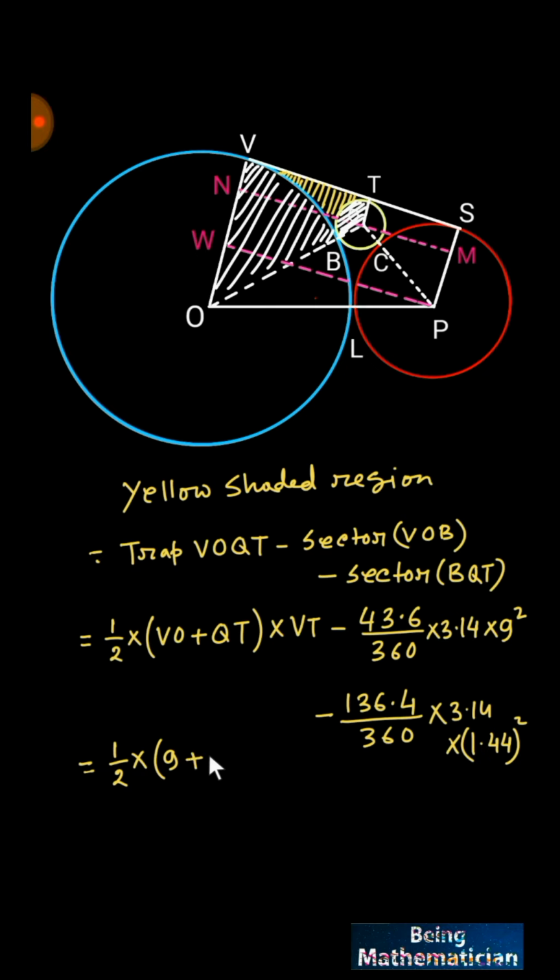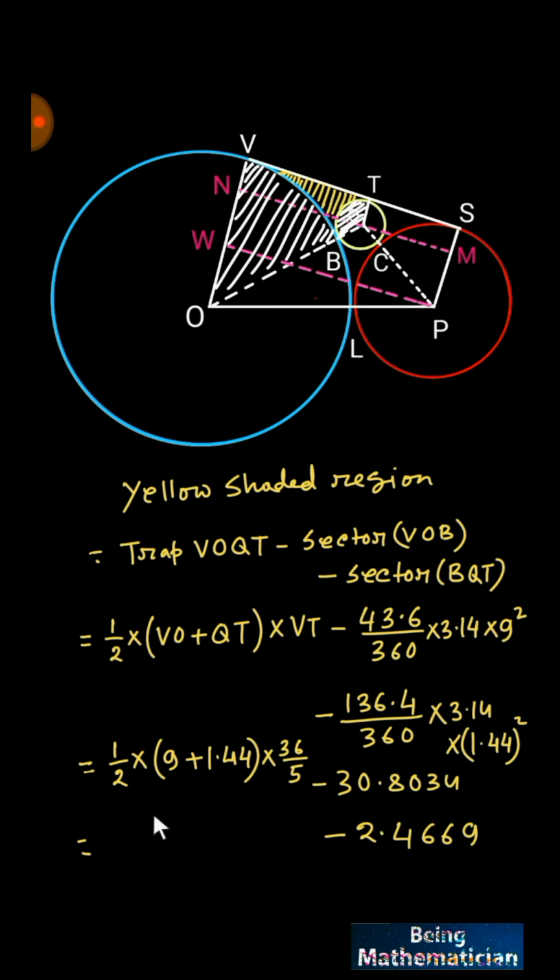Now putting the value of BO, that is 9, the radius of the blue circle, plus QT, means the radius of the yellow circle, so it is 1.44, into BT. We have BT, that is 36 by 5, minus this calculation, which must be 30.8034 approximately, and another calculation is 2.4669 approximately.